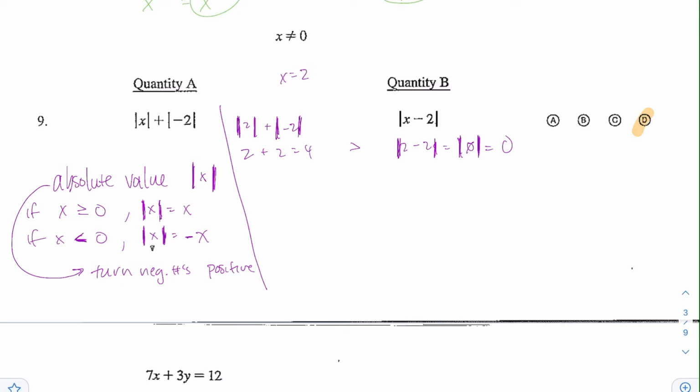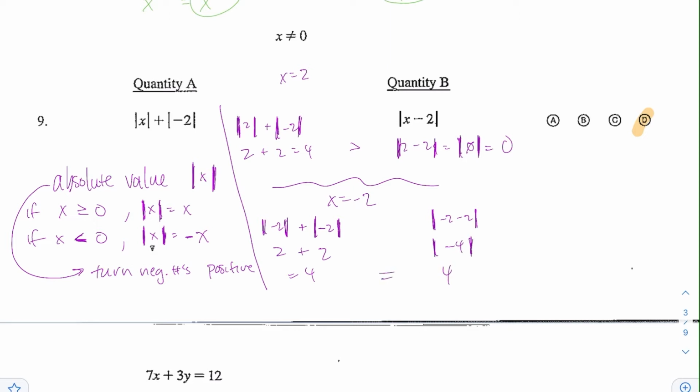If you try making, let's say, x equal to negative 2. So now the absolute value of negative 2 plus the absolute value of negative 2 will be 2 plus 2, or 4. And on the right, when you have the absolute value of negative 2 minus 2, this will be the absolute value of negative 4, or 4.